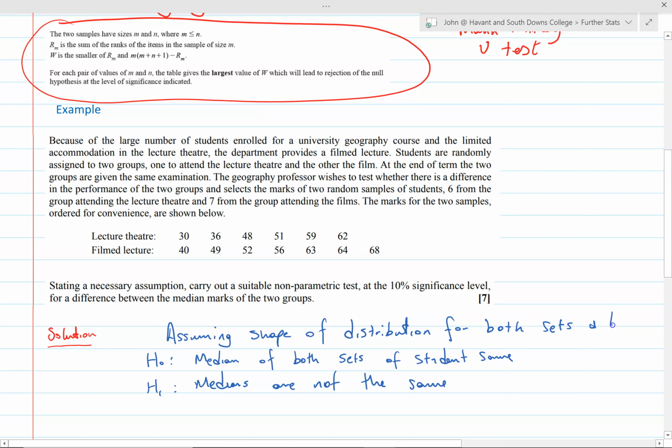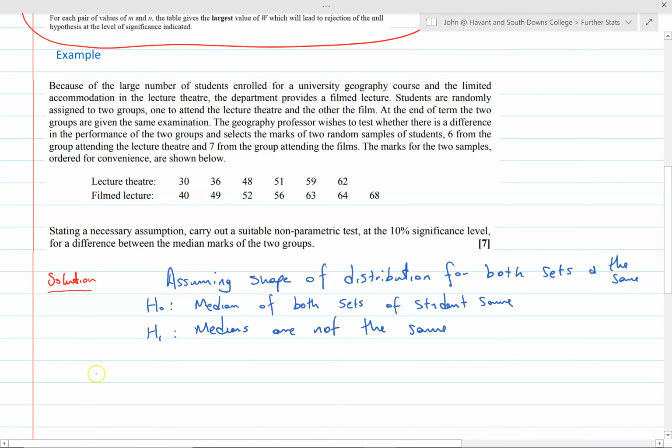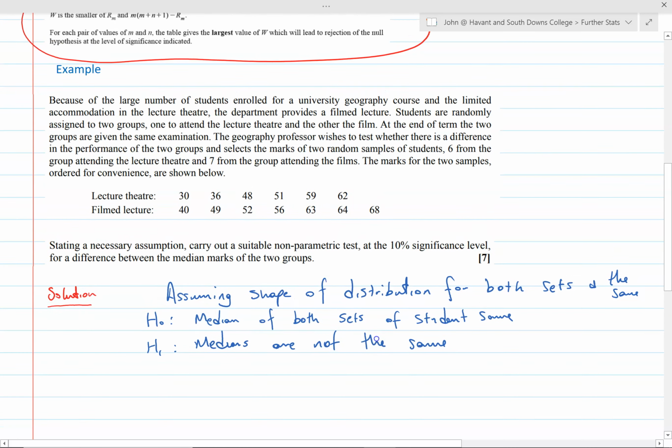Right, so assuming the shape of distribution for both sets is the same, and we're testing on the median. What we do is write out the data, and we basically put in the ranks of the data from smallest to largest.